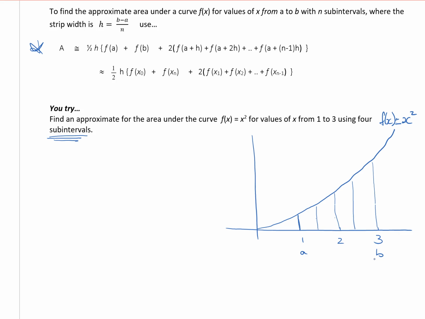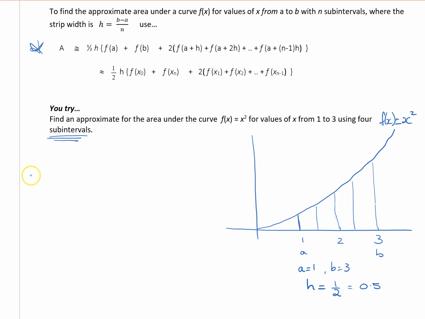You could write that A is 1, B is 3 if that helps. We get h from the diagram very easily, and I discourage you from just going to a formula for h. Use your diagram, and that's where curve sketching is so important. From your diagram you'll be able to see that h is the distance between these function values, and h is equal to 1/2 or 0.5.